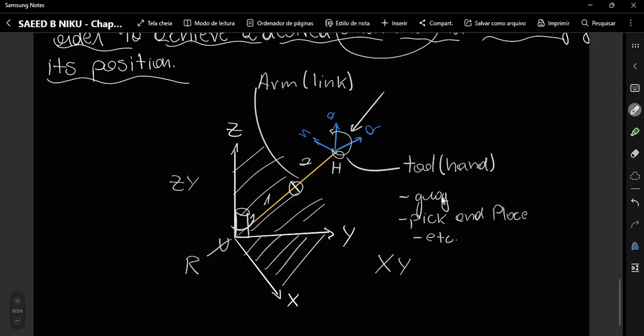We need to make sure that this frame doesn't change its position. Right here on this frame, attached on the end effector, is also attached a tool like a hand, which is the most common tool that we attach on the end effector of a robot.